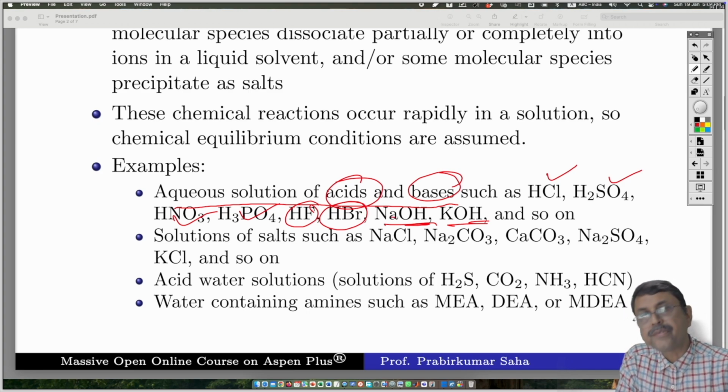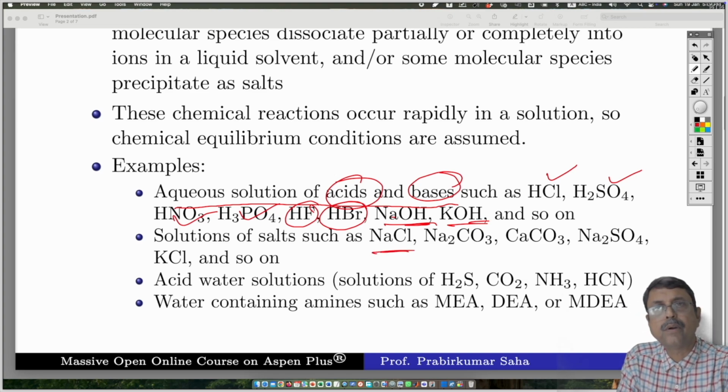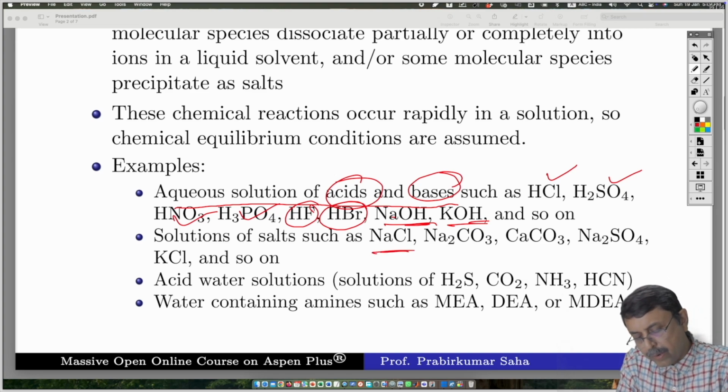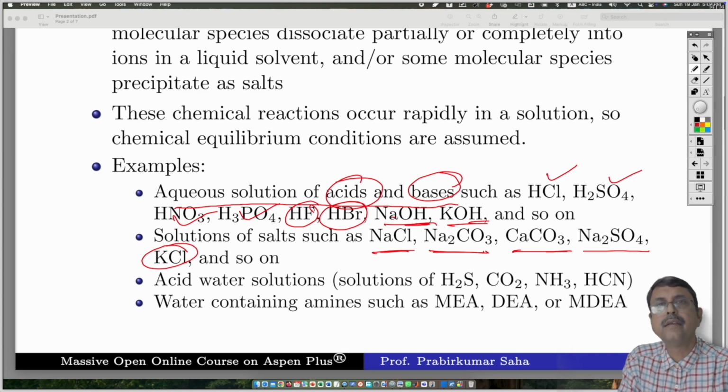Then solutions of salts. NaCl, I have already talked about NaCl, sodium chloride. Similarly, sodium carbonate is also a salt which can produce electrolyte. Then calcium carbonate, sodium sulfate, potassium chloride, these are also salts which can produce electrolyte system.